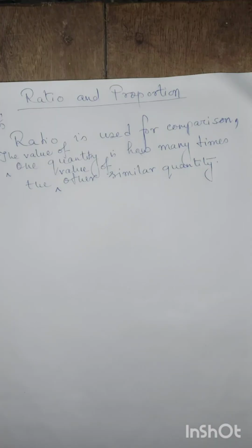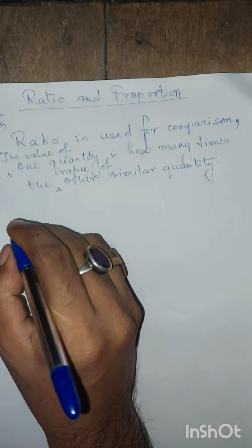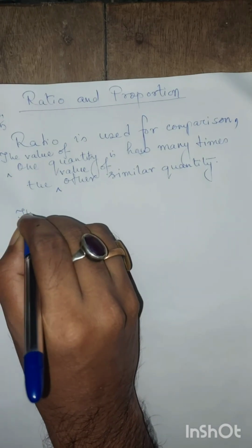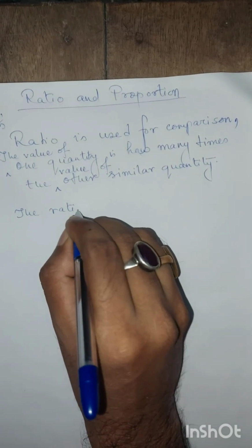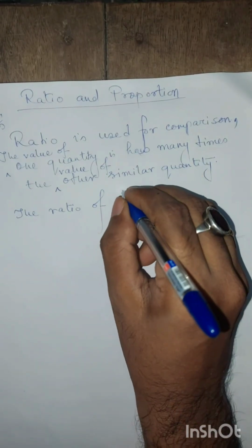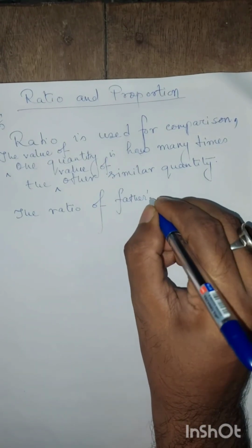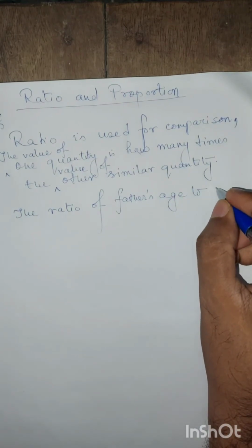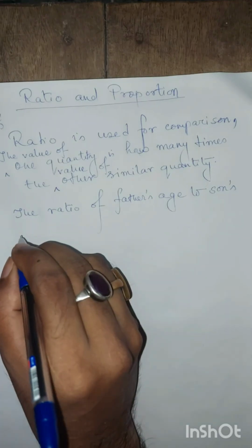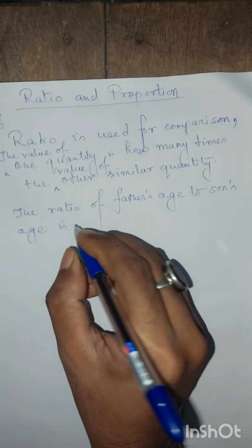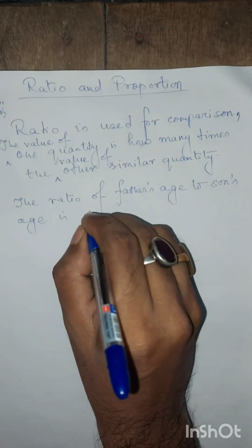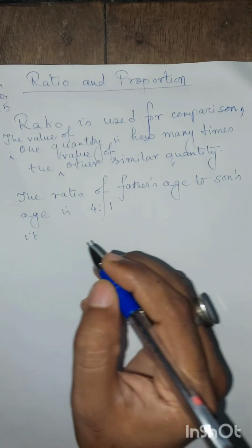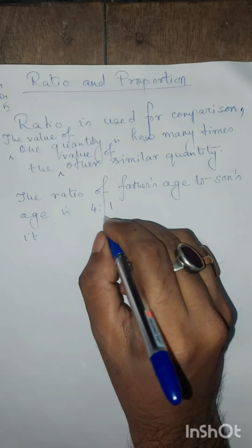For example, we can say the ratio of father's age to son's age is 4:1. It means, we read it this dot dot as "is to".